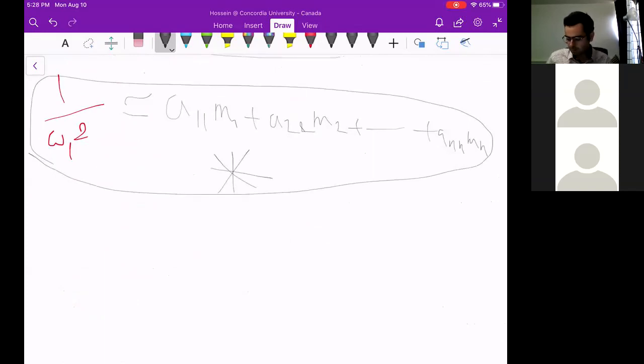Question 12.13: using Dunkerley equation, determine the fundamental frequency of the beam shown in the figure.